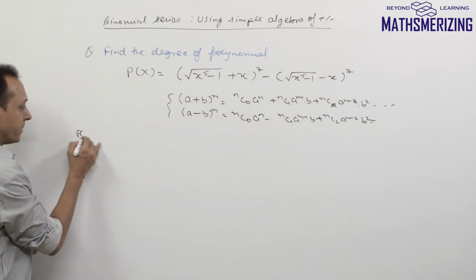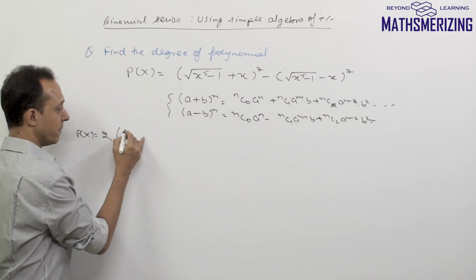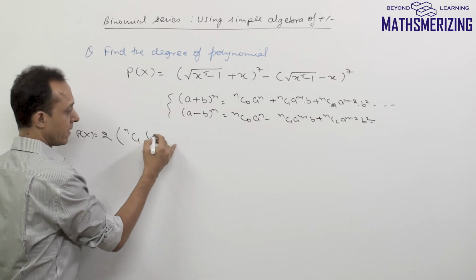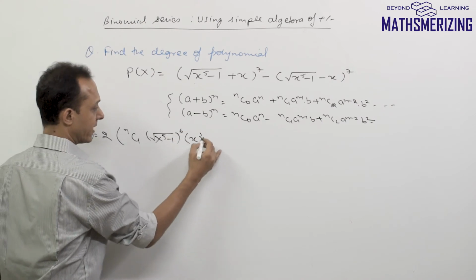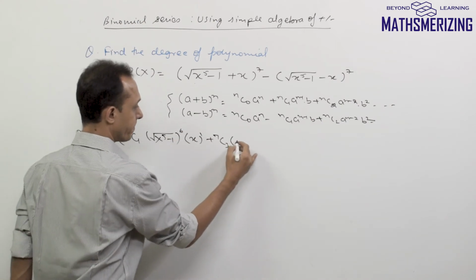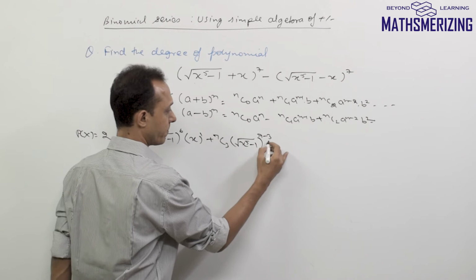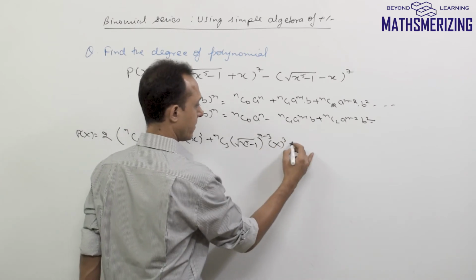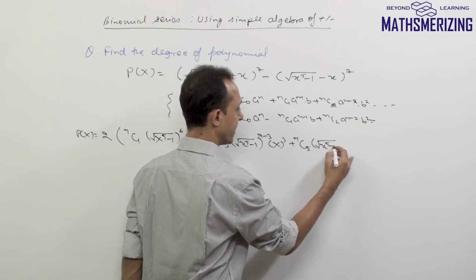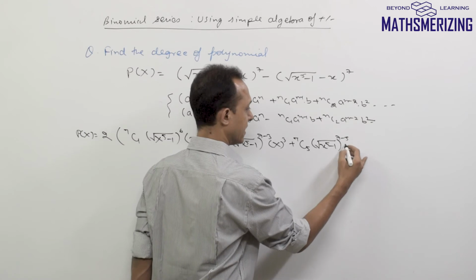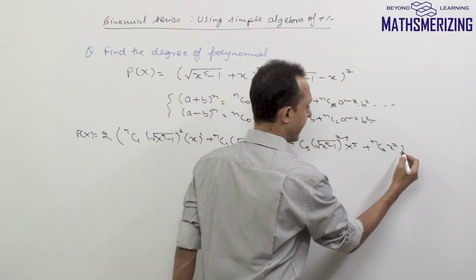So p(x) will be 2 times, because they want to add up, the first one being 7C1 (√(x⁵ - 1))^6 x, then plus 7C3 (√(x⁵ - 1))^(7-3) x³, plus 7C5 (√(x⁵ - 1))^(7-5) x⁵, and plus 7C7 x⁷.